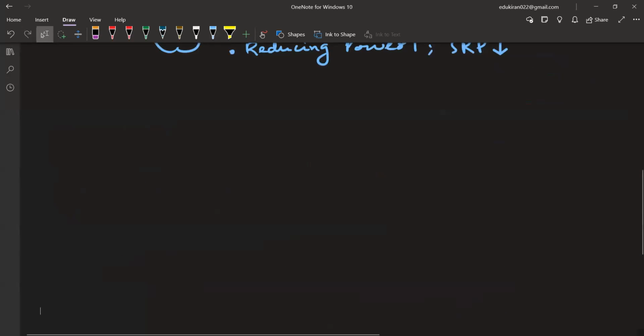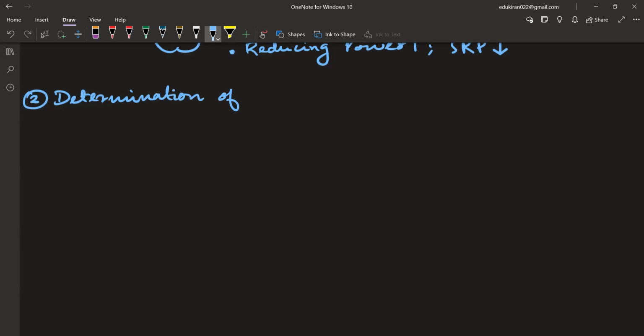Next is determination of anode and cathode. So what happens in the anode? Tell me.